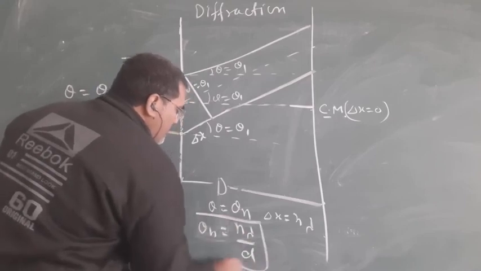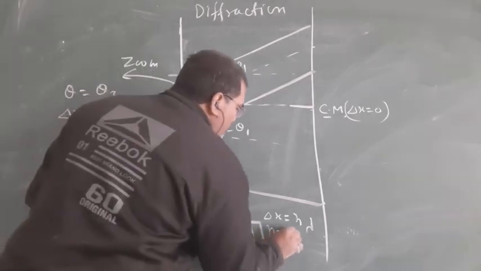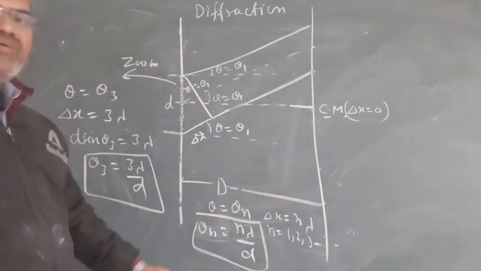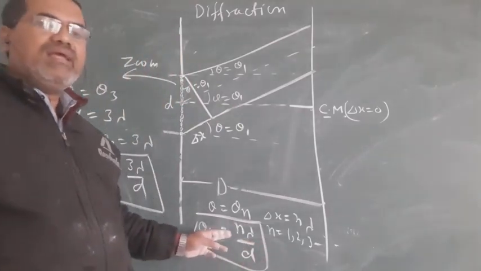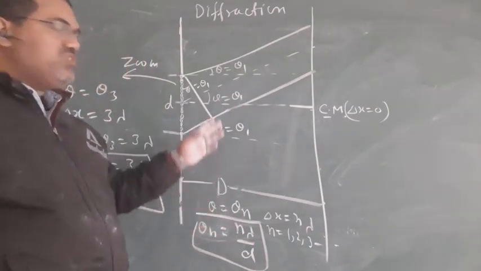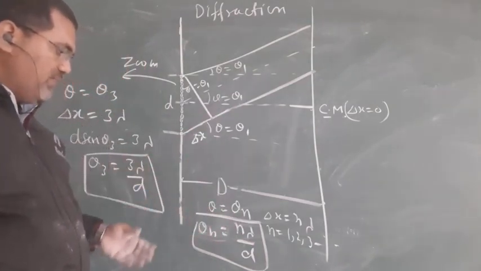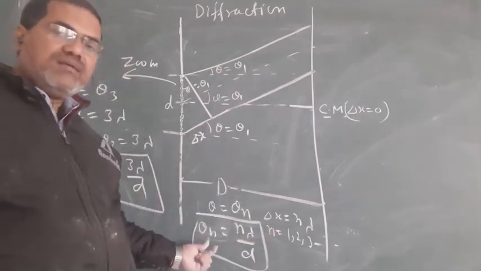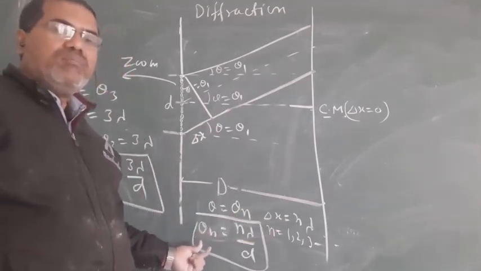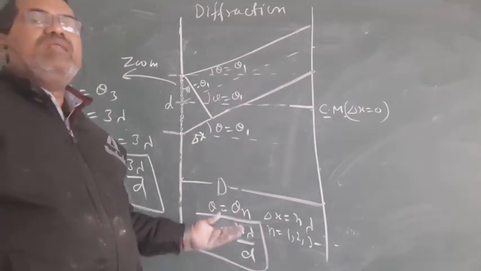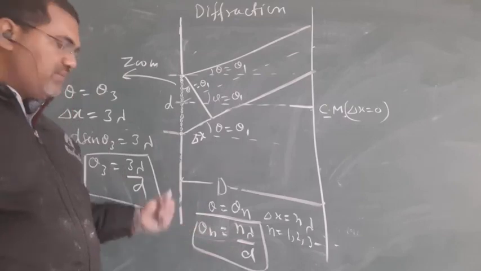This is the most general formula, where n equals 1, 2, 3 and so on. If you put n equal to 1, you will get the angular position of the first minima from the central maxima, and so on. So this is the angular position of the minima from the central maxima.